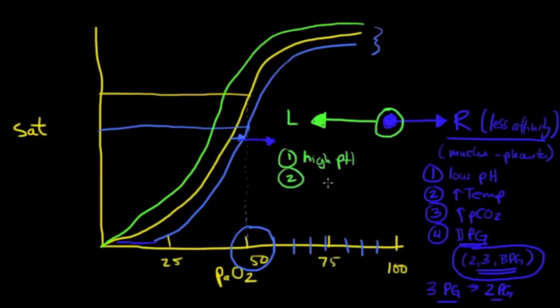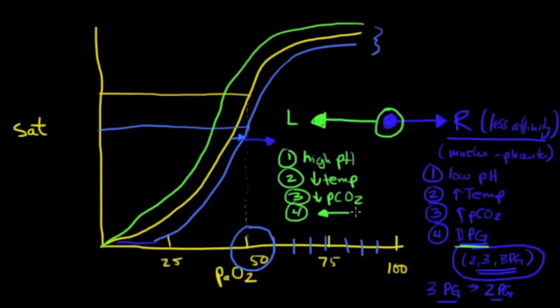Of course, in the lungs, you're breathing in air, which is cooler than body temperature, so generally speaking, you're going to have a low temperature. Number three, as we already mentioned, we're going to have a low partial pressure of carbon dioxide. And of course, four, we're not going to see as much DPG. And so you're going to see a shift to the left.